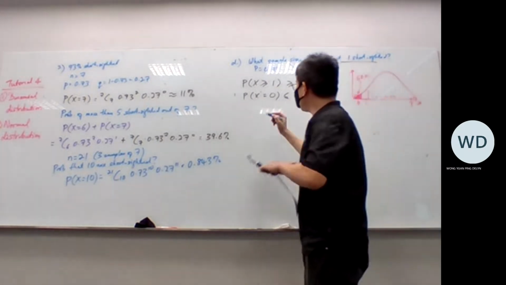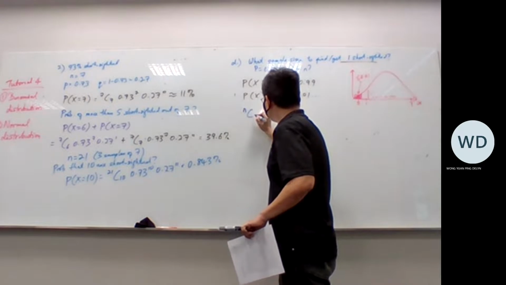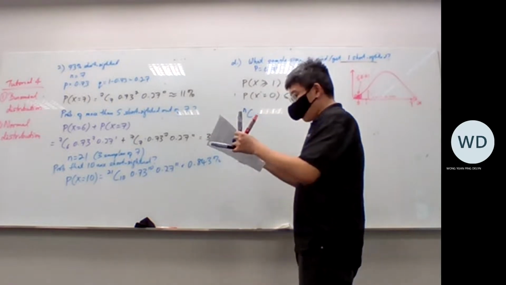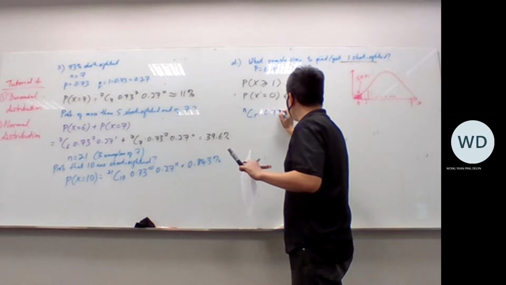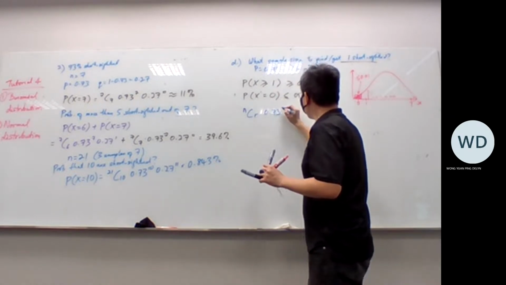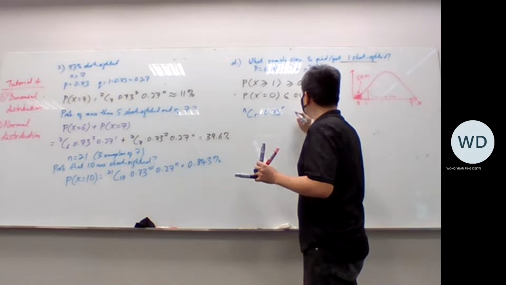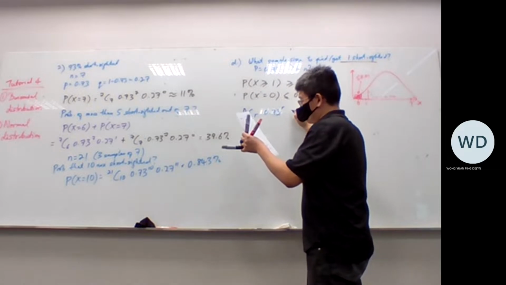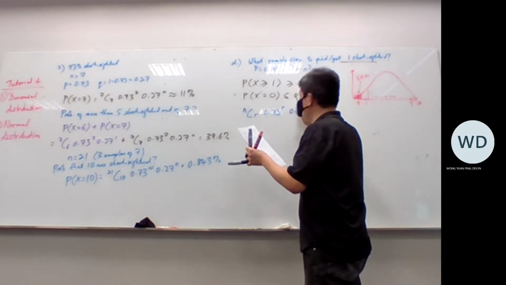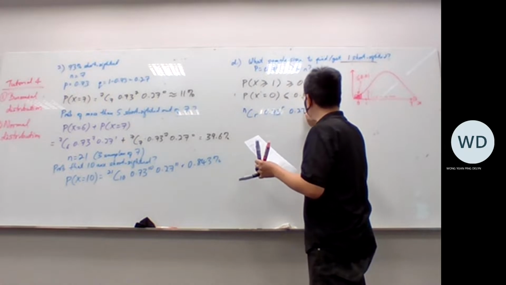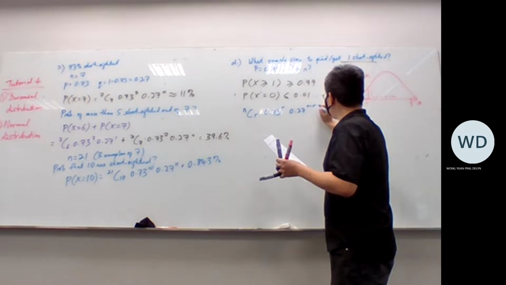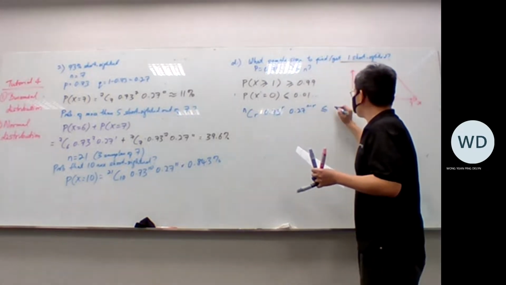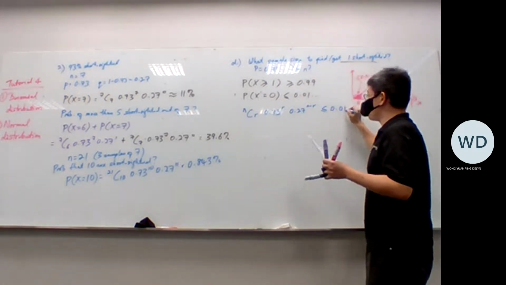Okay. So you have n. The probability is still the same, 0.73. And then you have r, that is 0.27 to the power of n minus r, less than or equal to 0.01.